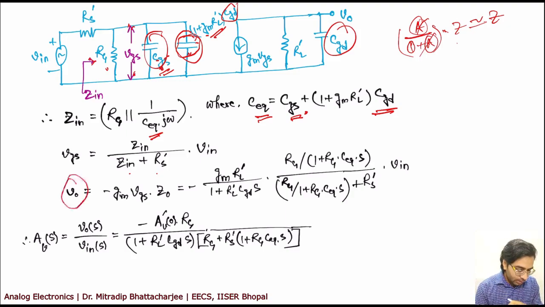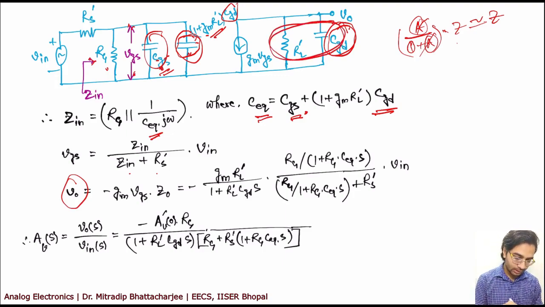So your V0 will be, now that you have CGD in the output side, GM VGS into Z0. Z0 is nothing but the parallel combination of these two.